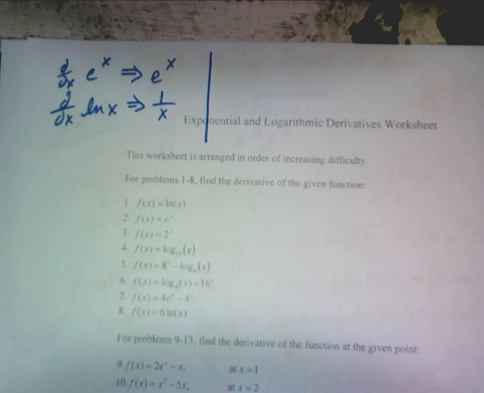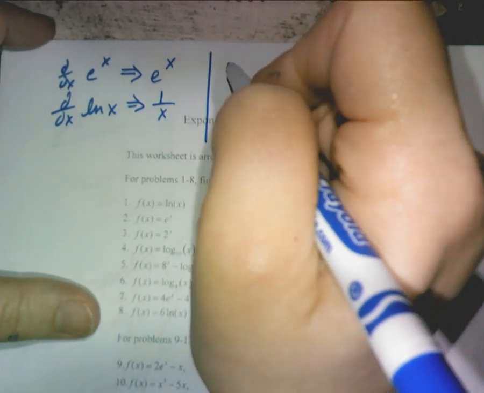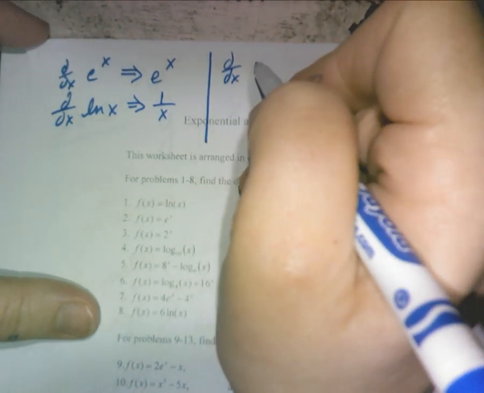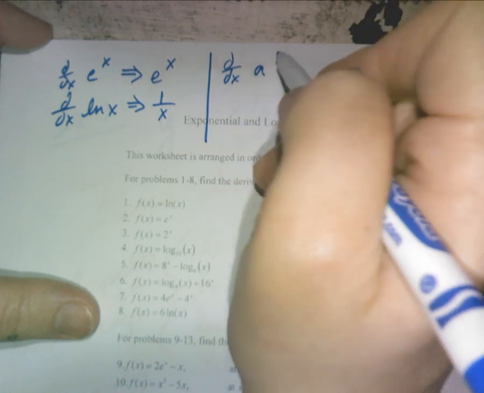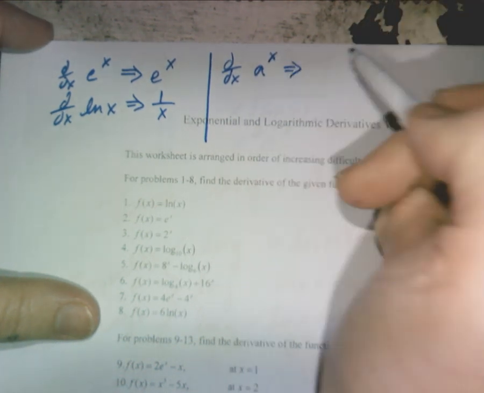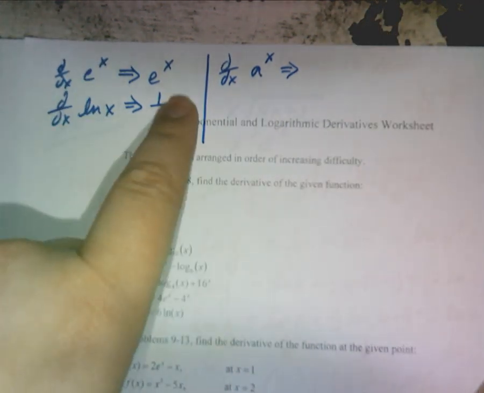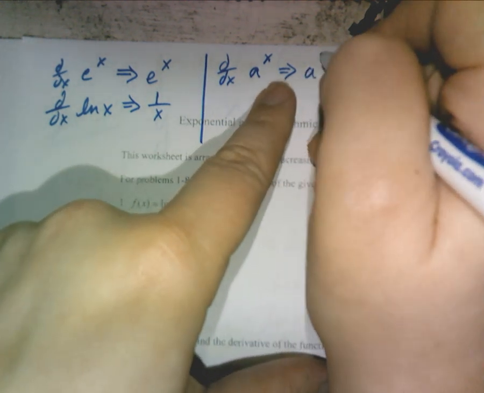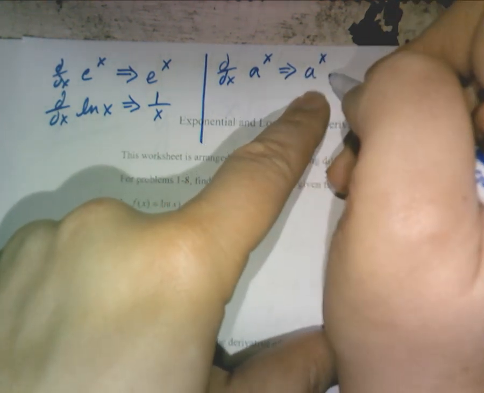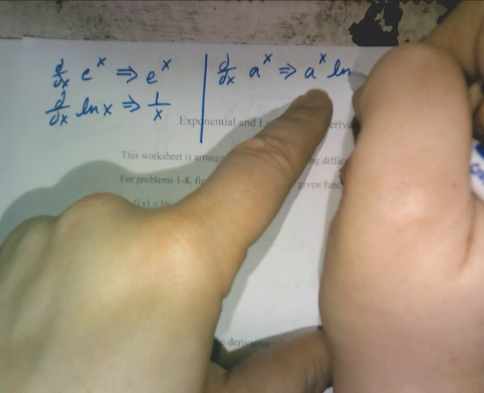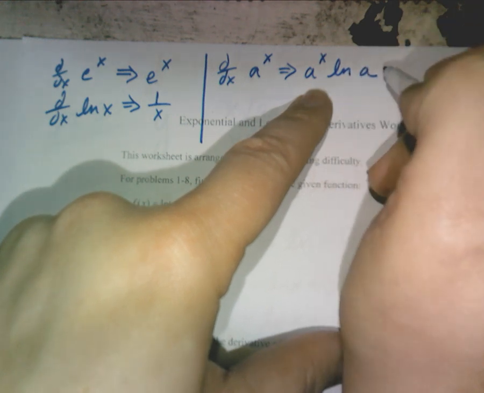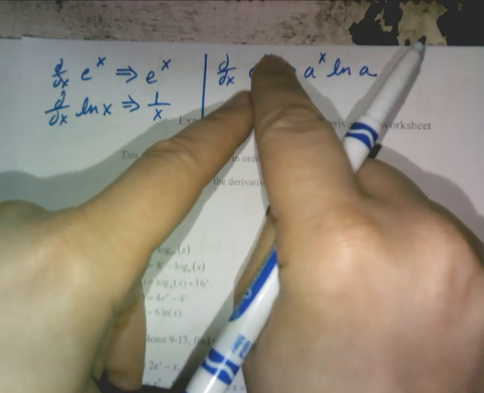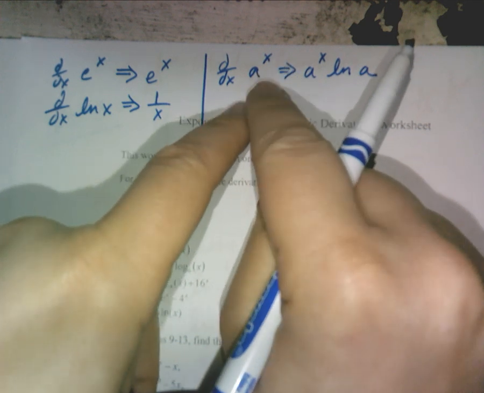Then today we learned about the derivative of a base a to an x. So it's kind of like e to the x. You write it again, a to the x, and then you put ln of a. So this would be like 3 to the x, 8 to the x, 7 to the x, some base number here.